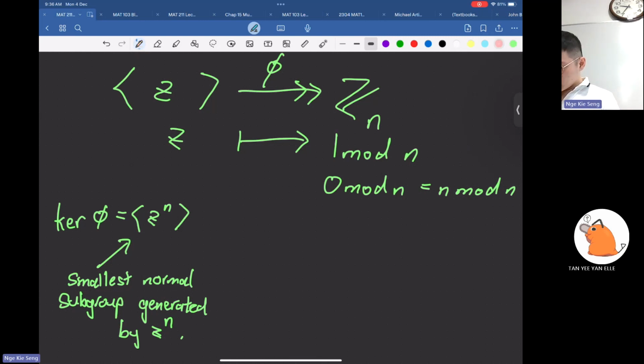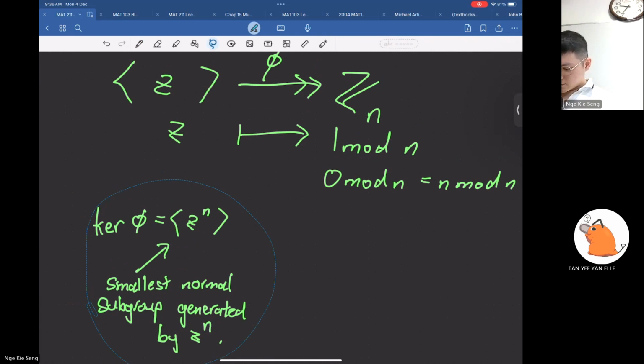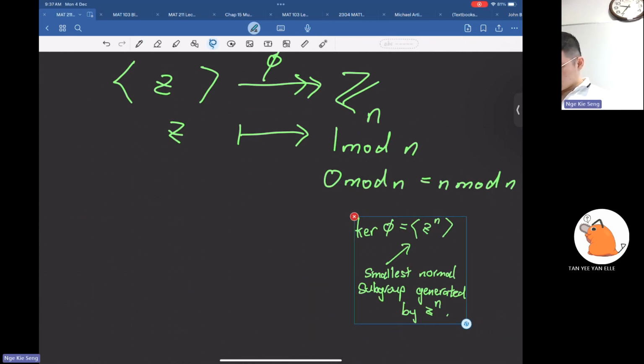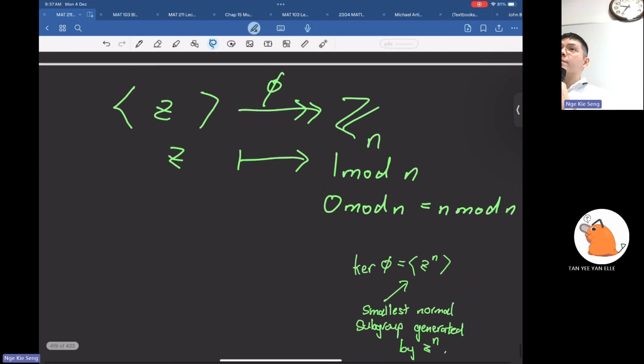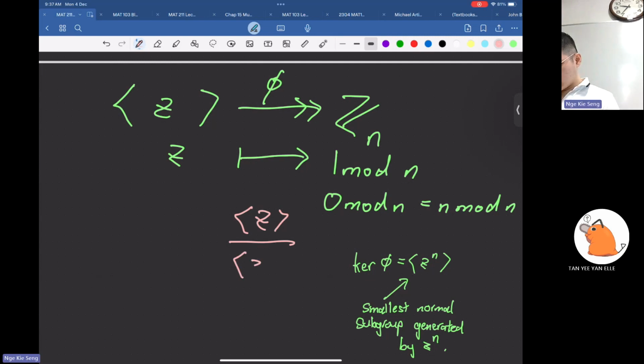So by this, what can we do? We know the kernel of this homomorphism. What can we form? We can form the quotient group.